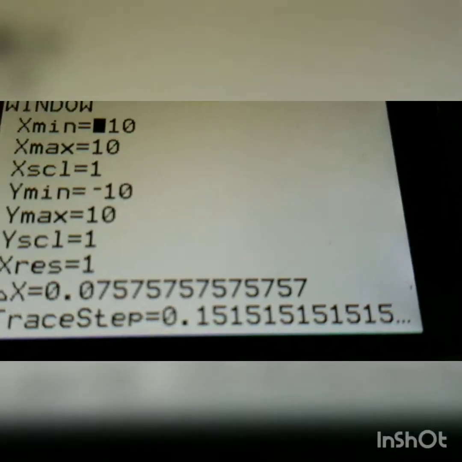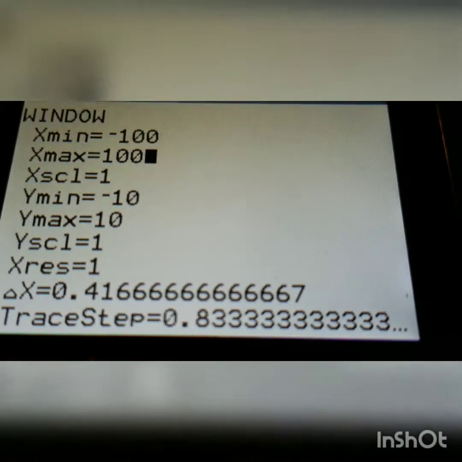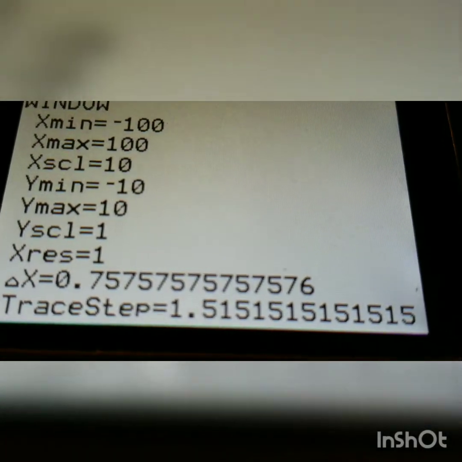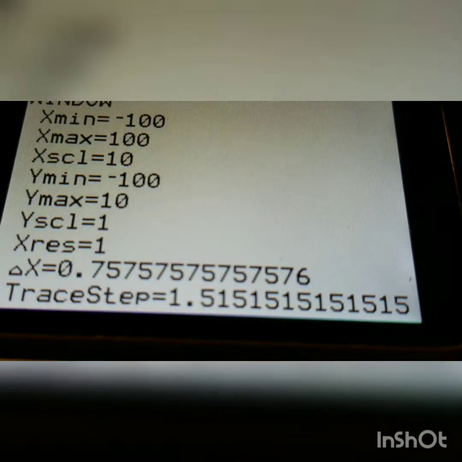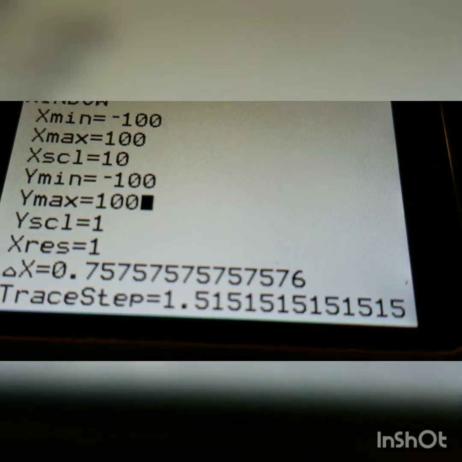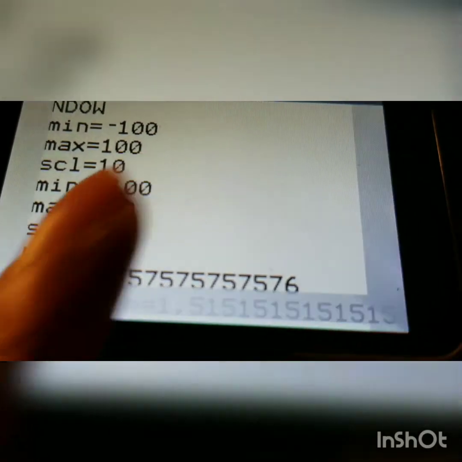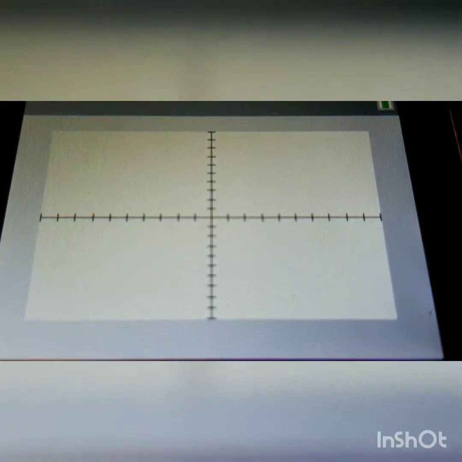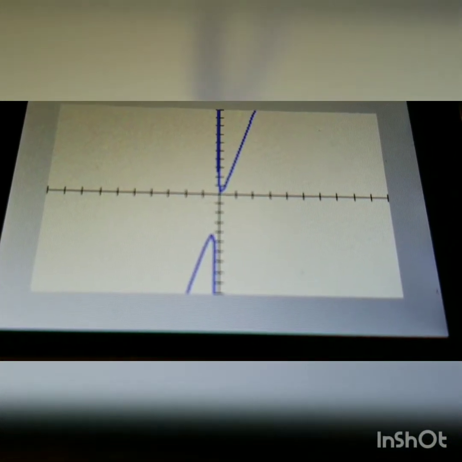We'll make this bigger. We'll make this 100, and we'll make the scale 10. It may look the same, but it's different. See that?